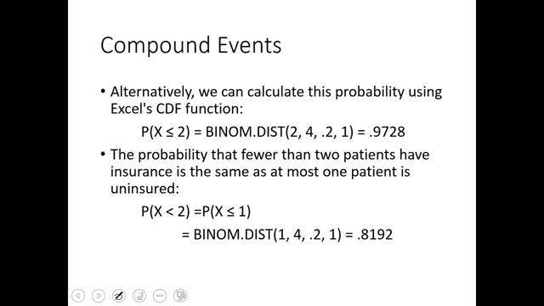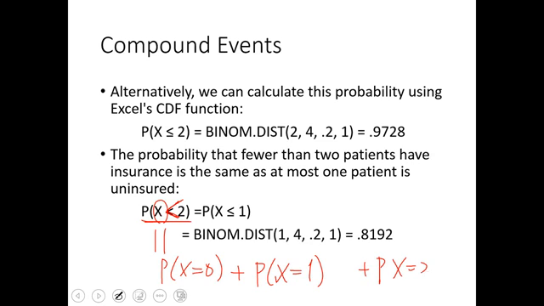Okay? But when you calculate the probability that x is strictly less than 2, this one is the probability that x is 0 plus the probability that x is 1. The probability that x is 2 should be excluded, so we do not calculate it.